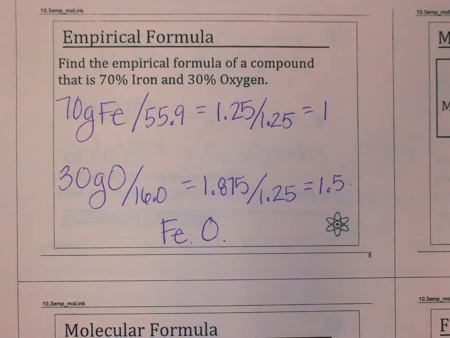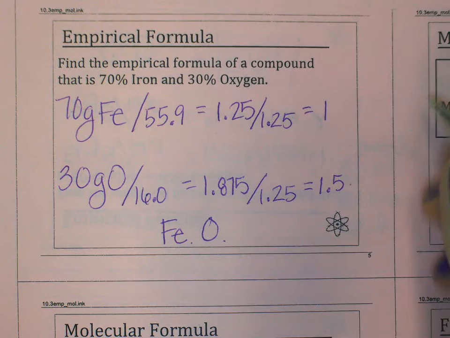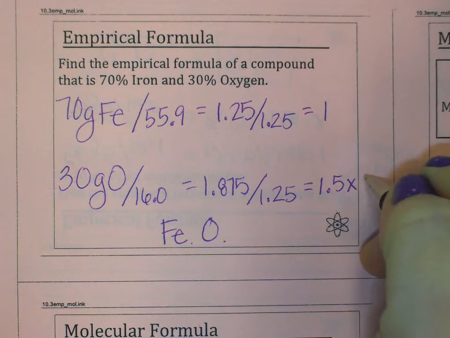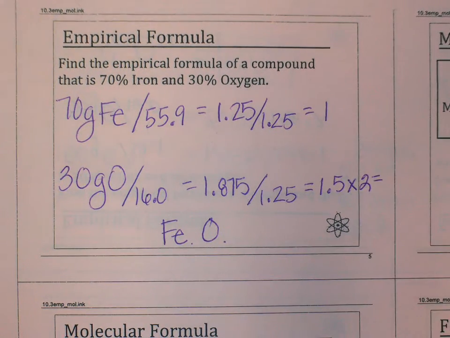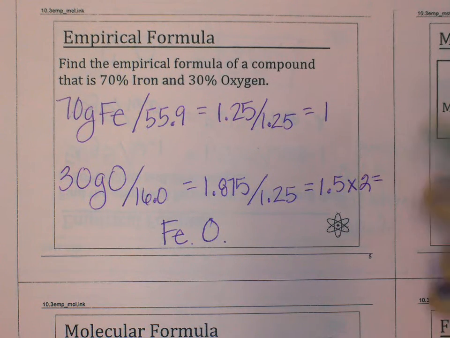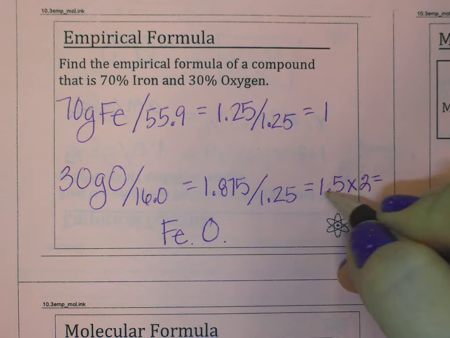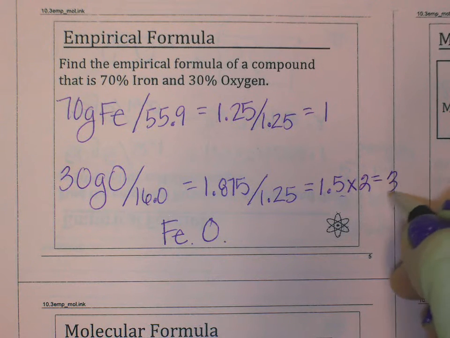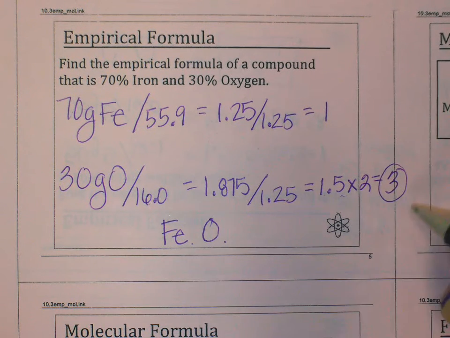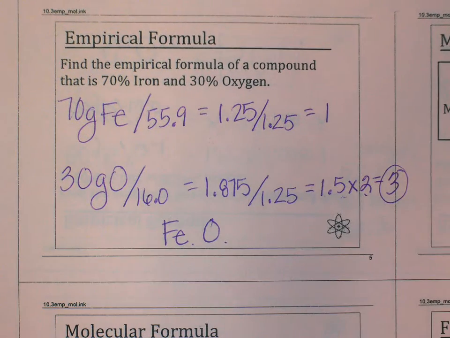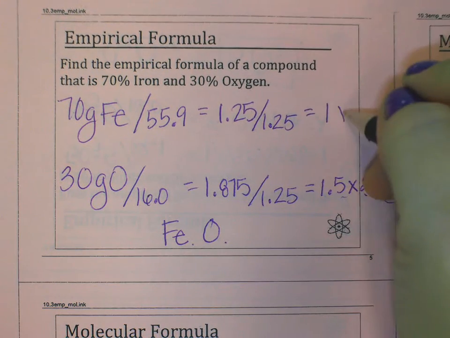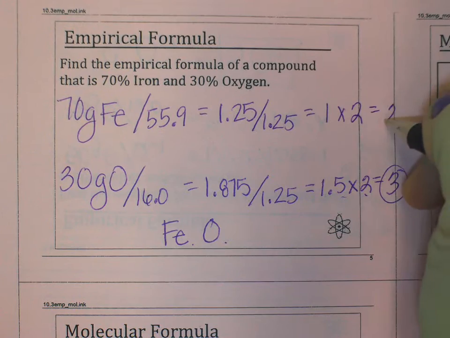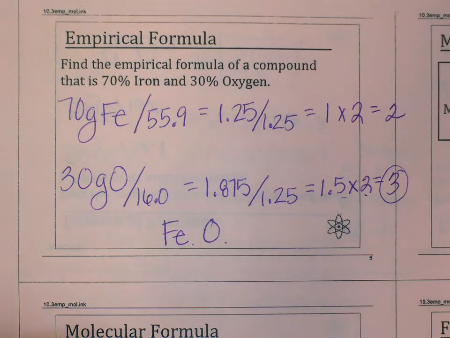This extra step is to double if you get anything really, really close to a 0.5. Right? I'm not rounding it, I'm doubling it. 1.5 times 2 is 3. But whatever you did to one of them, you have to go back up and do it to everything else. So 1 times 2 is 2. So those are my two numbers.